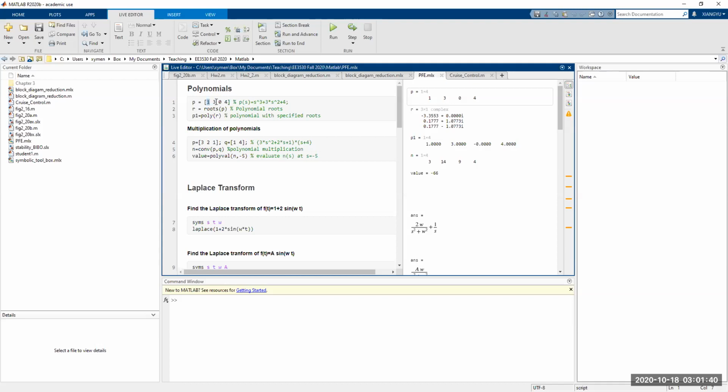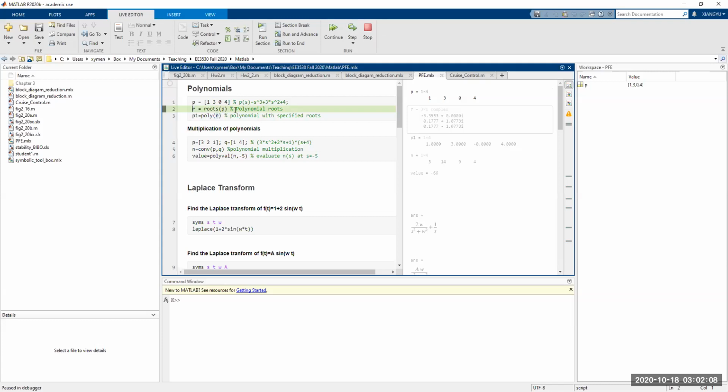Then we have 3. Since there is no s term, it is 0. And the constant term is 4. Let me run this step by step. So P is a vector.